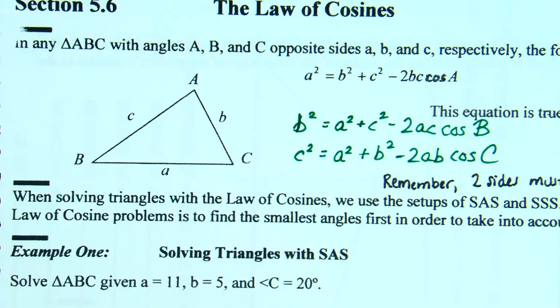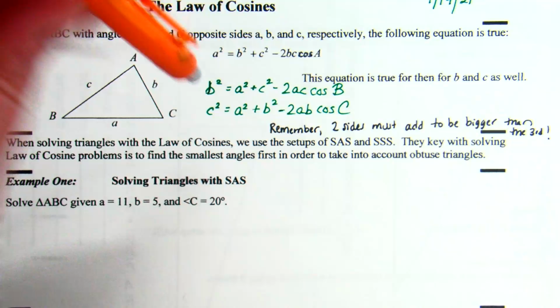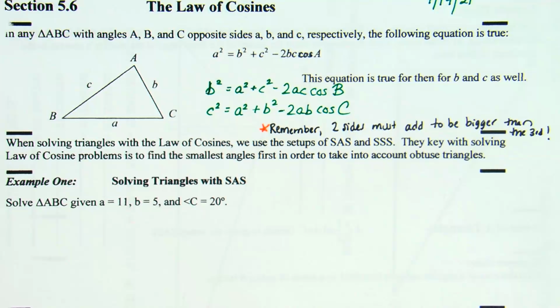Okay, it looks totally different than law of sines, but the idea behind it is the same. Side note there, and this is just basic triangle knowledge. Basic triangle knowledge says that 2 sides of a triangle must be bigger than the third.